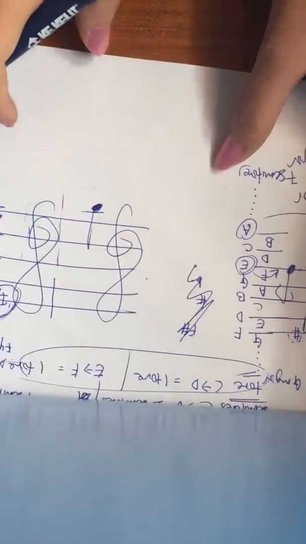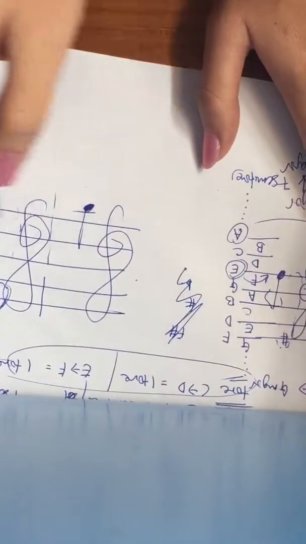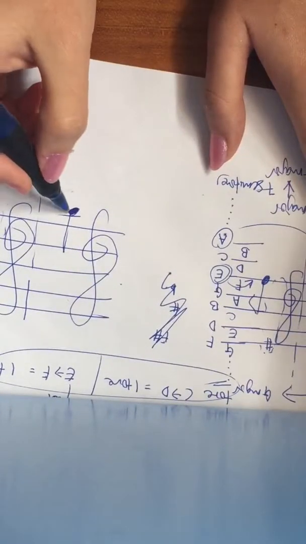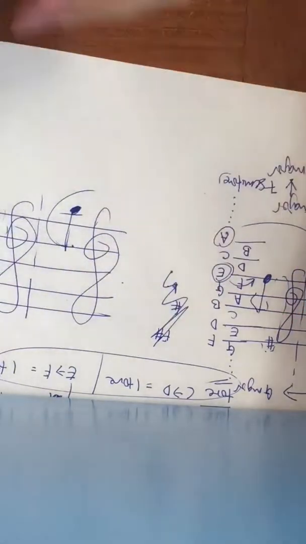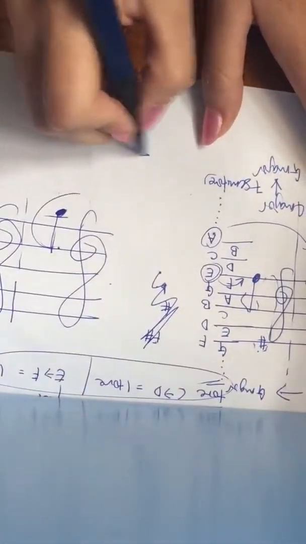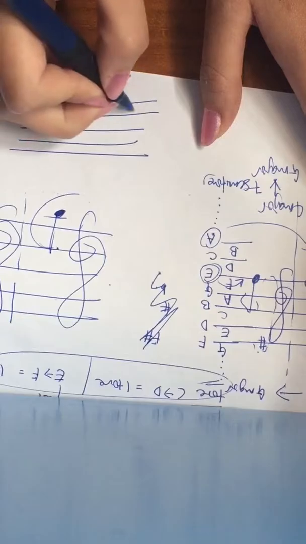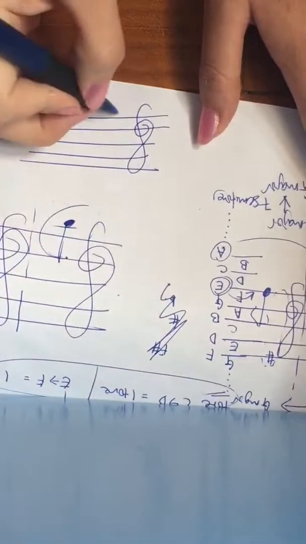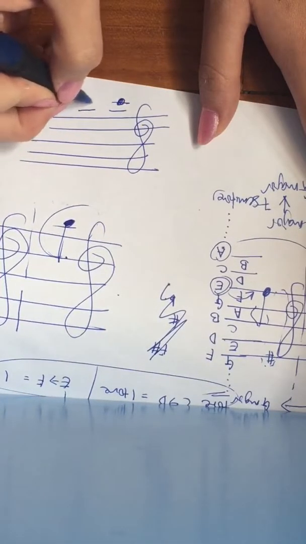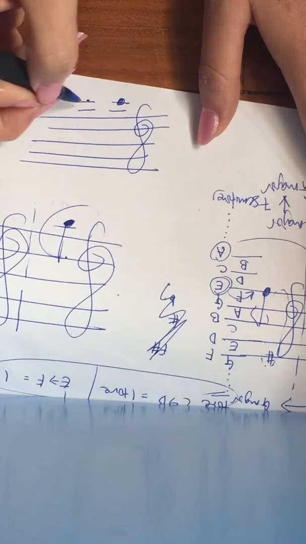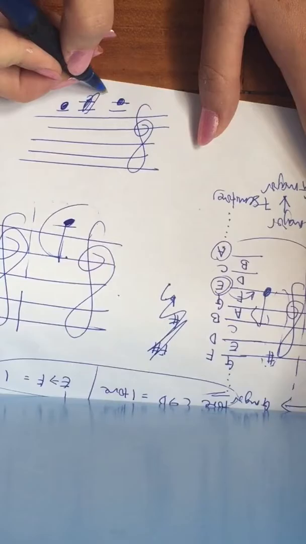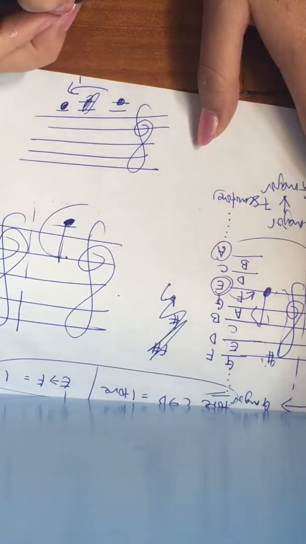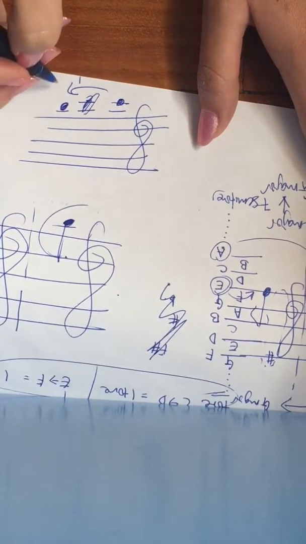So the easy way to transpose is to settle the first note, which you know is this. Then you just see the differences in the original notes. For example, the difference between this and this in the original is just one note.